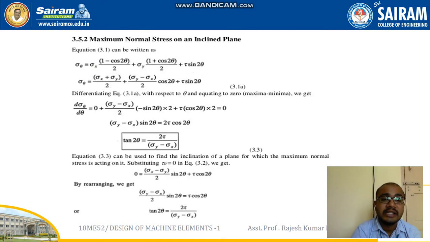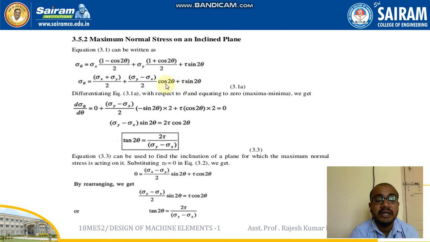The next is the maximum normal stress on the inclined plane. We already discussed this, and just for this modified Mohr's theory we are continuing. Sigma theta, we know, is sigma x into 1 minus cos 2 theta by 2 plus sigma y into 1 plus cos 2 theta by 2 plus tau sin theta. After modification it can be written as sigma x plus sigma y by 2 plus sigma y minus sigma x by 2 into cos 2 theta plus tau sin 2 theta.